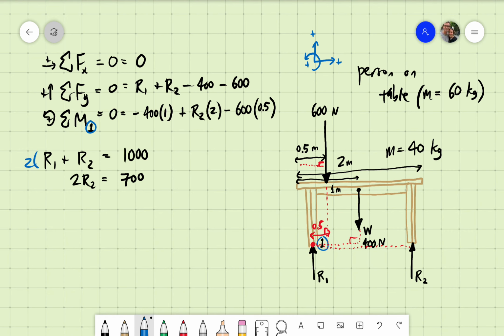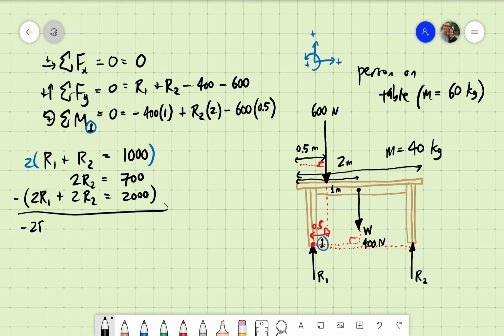I'm going to multiply those by 2, which will give me 2R1 plus 2R2 equals 2,000. Once again, I will subtract those from each other. 0 minus 2R1 gives me negative 2R1. 2R2 minus 2R2 gives me nothing, they cancel. And 700 minus 2,000 gives me negative 1,300.